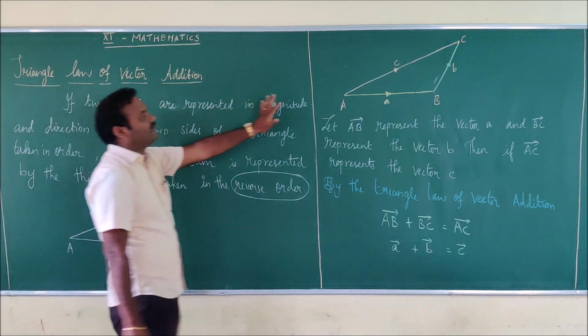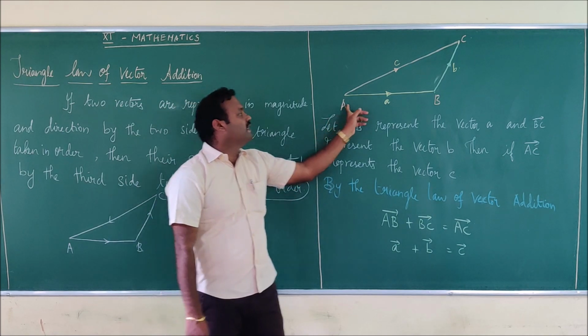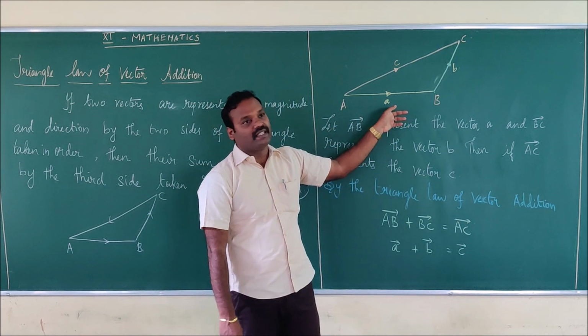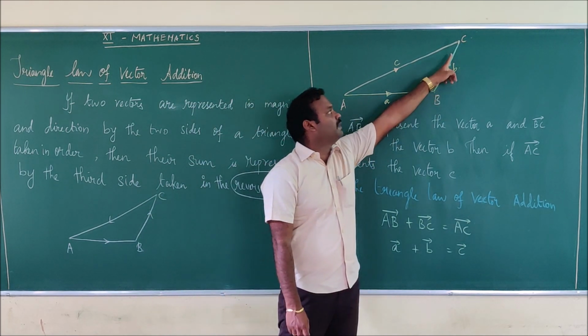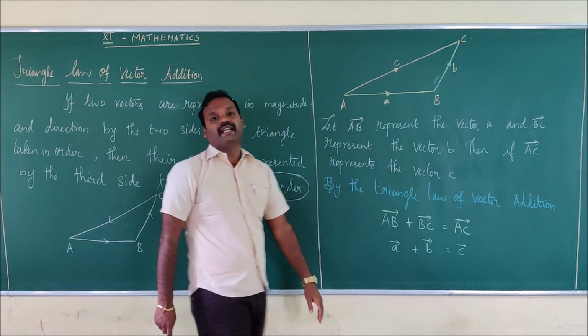Let me take this diagram. ABC is the triangle in which vector A is represented by the side AB, vector B is represented by BC, and vector C is represented by AC.